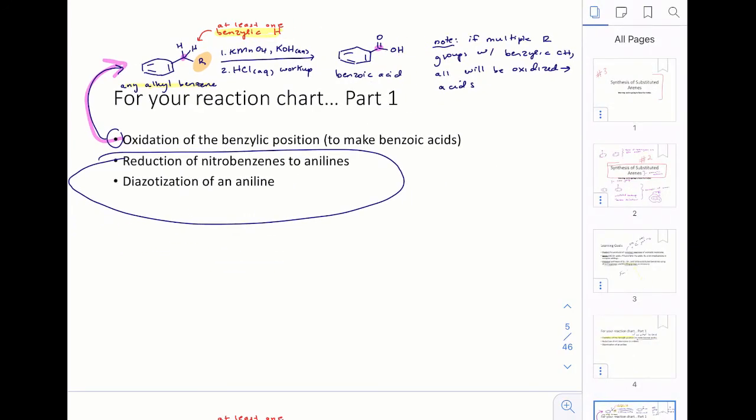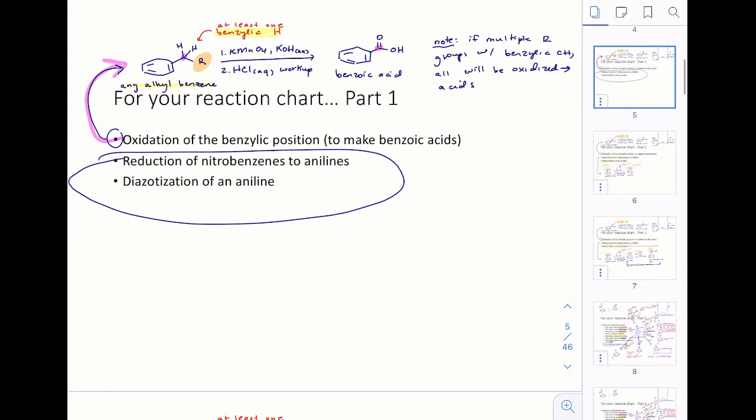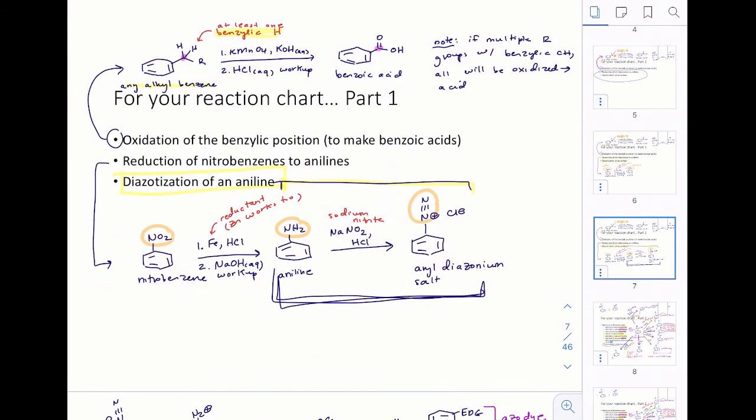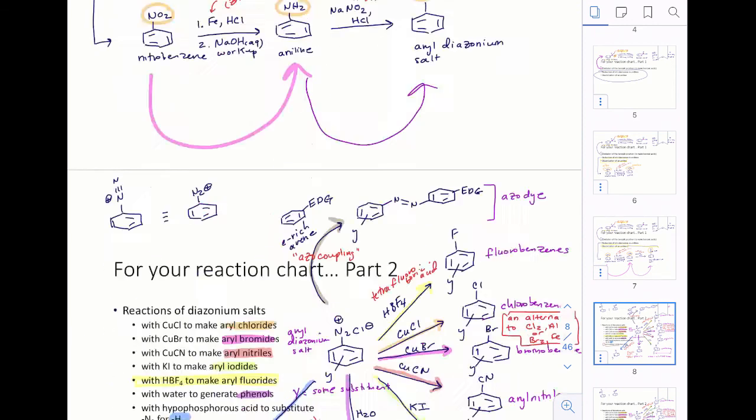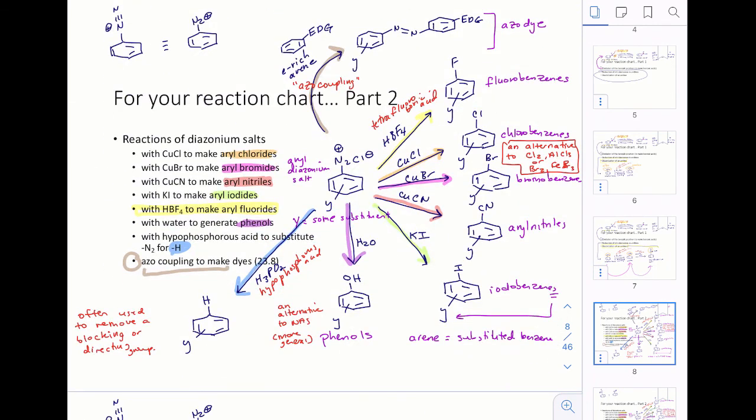Then we learned the sequence that turned out to be very useful, that nitrobenzenes can be converted to anilines, anilines can be converted to aryl diazonium salts, and then aryl diazonium salts can be converted to all these other functional groups. Then we practiced using these in synthesis.